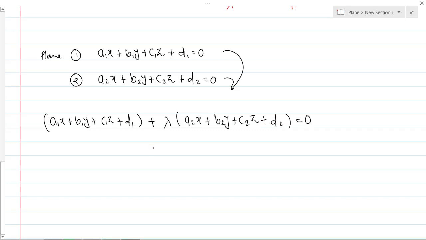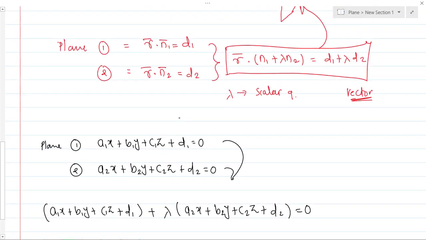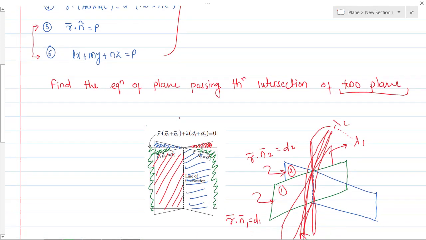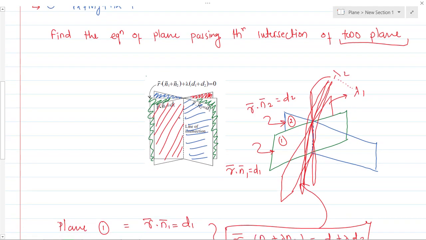As simple as that. Just add these two with this scalar multiple lambda. That's it. This ends the last part of the planes. This was the last scenario. We have seen 5 scenarios in total.